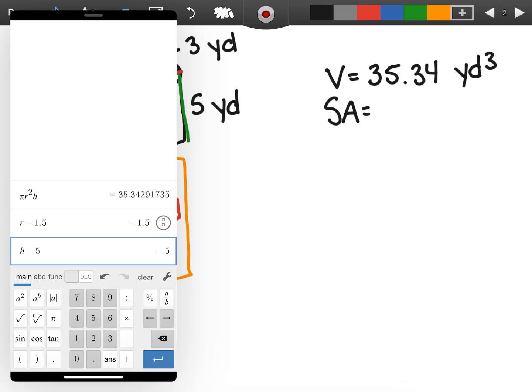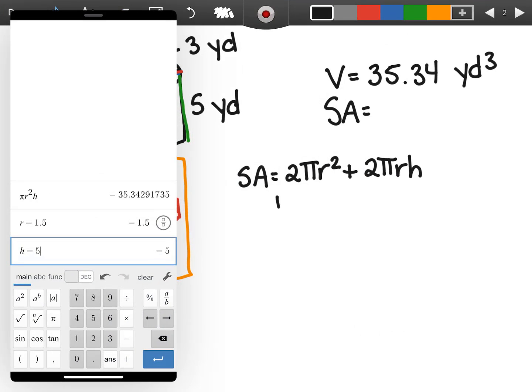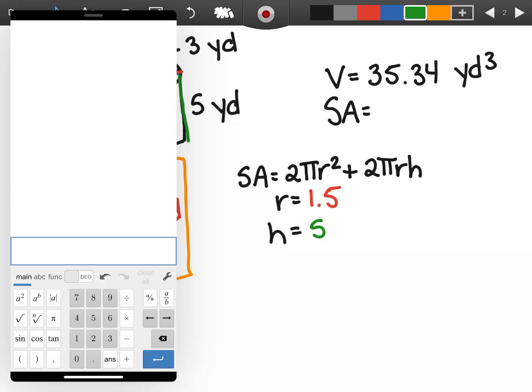Now let's move on to surface area. The surface area of a cylinder is equal to 2 pi r squared plus 2 pi r h. We are going to use the same radius and height as before. So the radius is equal to 1.5 and the height is equal to 5. First, we need to put our expression into Desmos.